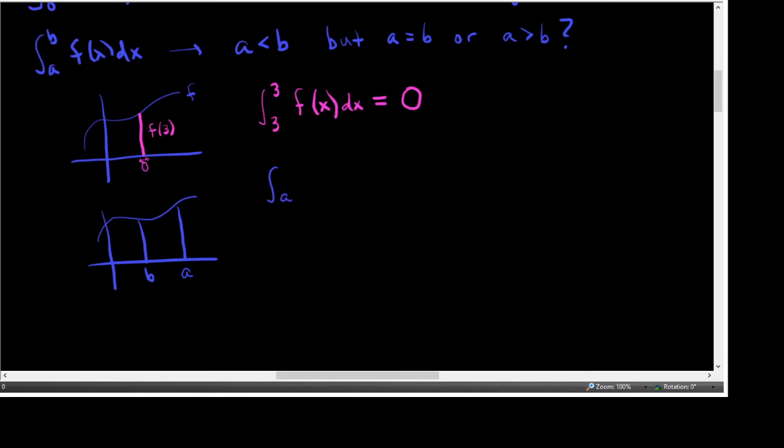Oops, I wrote that wrong. Oh, I'm sorry. I need to put in actual numbers for this to make enough sense. So let me just change that. Let's make this 2 and this 7. This is our f function. And someone asks you to find the integral from 7 to 2 of f of x dx.